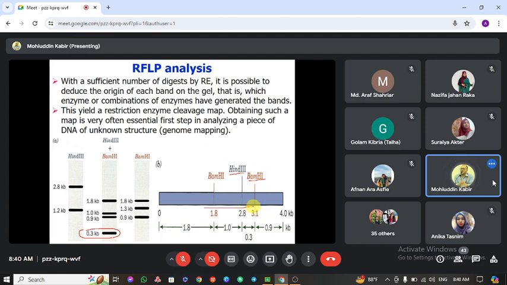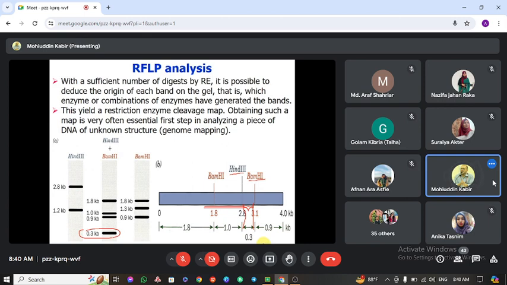So this length is 0.3. Through analysis of this banding pattern, we can pinpoint the position of the restriction enzyme sites with their correct location.